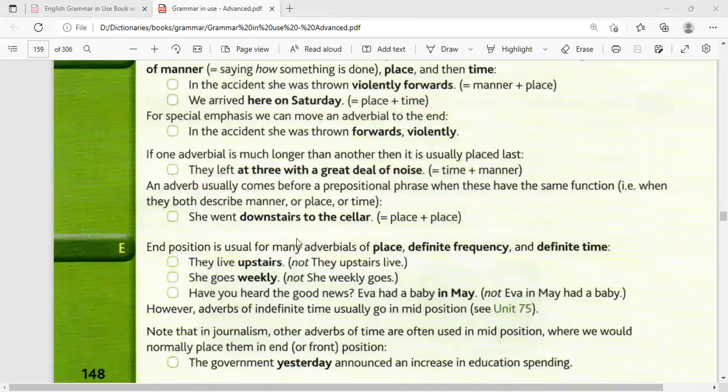She went downstairs to the cellar. How many adverbials do we have here? Two. Downstairs and to the cellar. So we have here two adverbials, and both of them refer to place, okay?